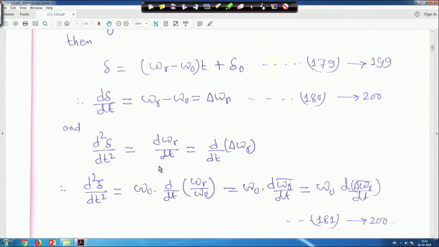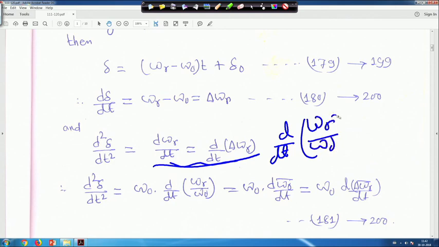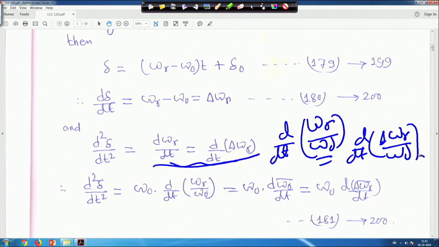It is something like this: suppose you take this equation and divide both sides by omega_0. Then it becomes d omega_r bar by dt equal to d/dt of delta omega_r upon omega_0, where omega_0 is the base value, so these are per unit values.